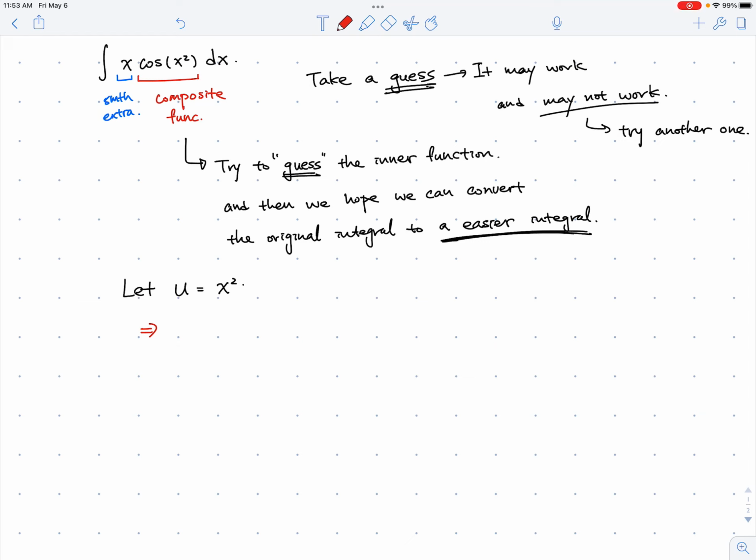I will differentiate the equation, but I'm going to write it this way. I'll have du equals 2x dx.